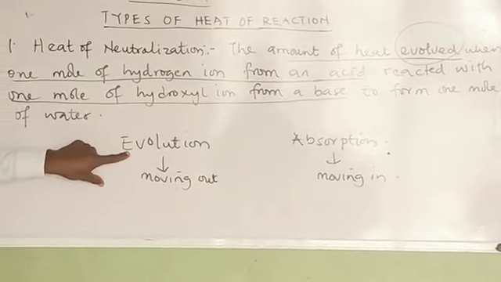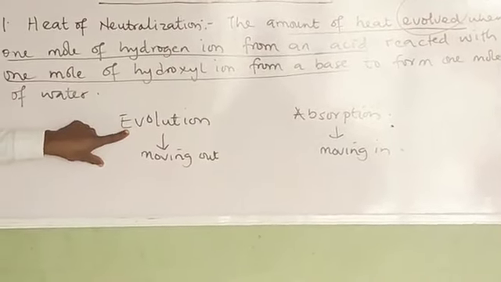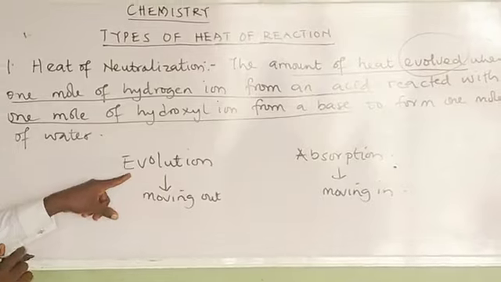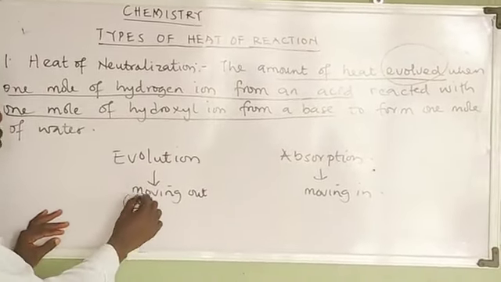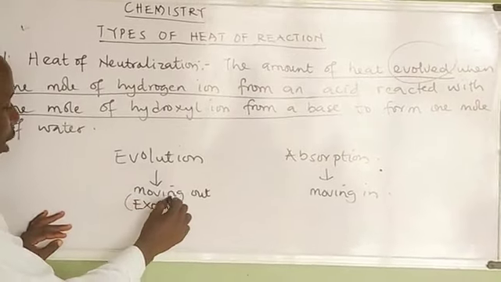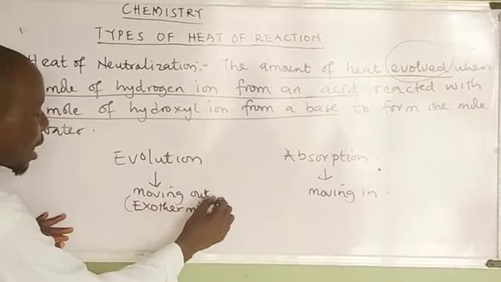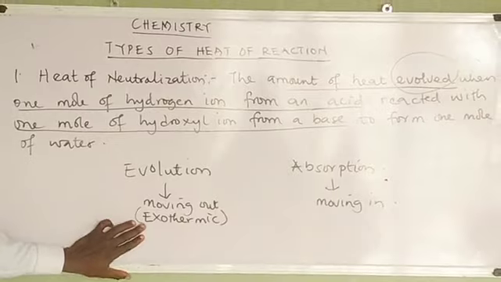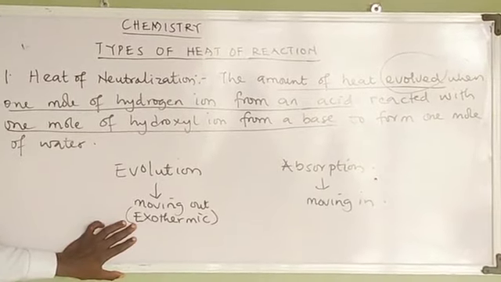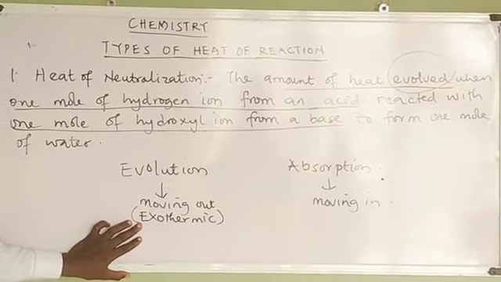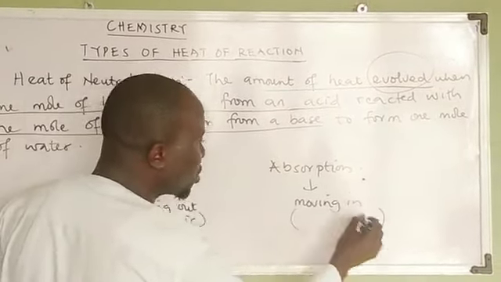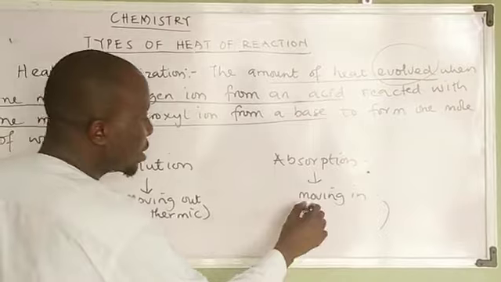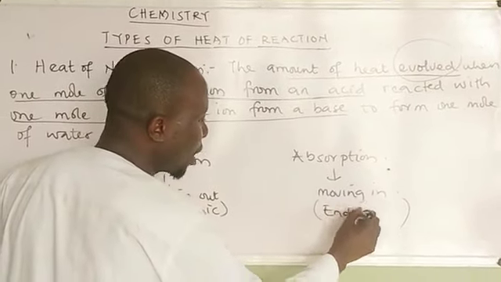If it is moving out of the system, such a system is said to be exothermic. Any system that loses heat to the surrounding is said to be exothermic. I hope you are getting this. Any system that absorbs heat from the surrounding is said to be endothermic.